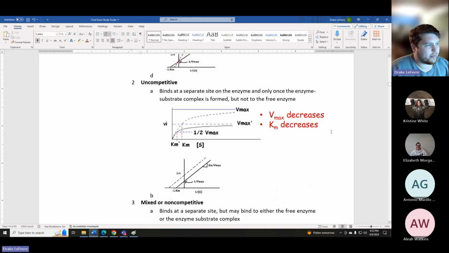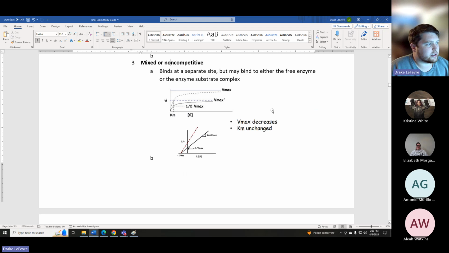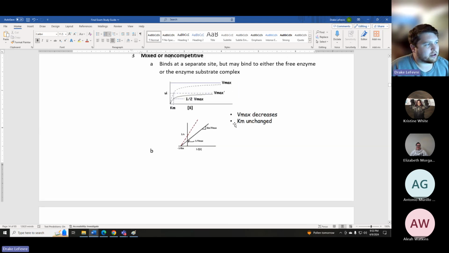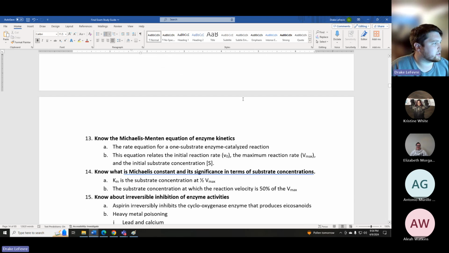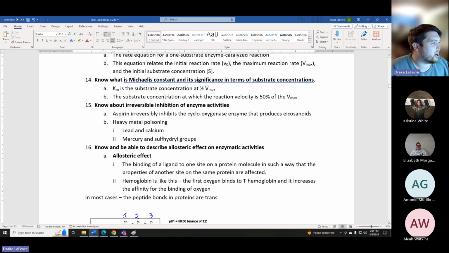Literally just remember these. Vmax unchanged or Km increases; Vmax decreases or Km is unchanged. That'll get you where you need to be for these test questions. The Michaelis-Menten equation probably won't pop up. It's more within the unit and then it goes away.